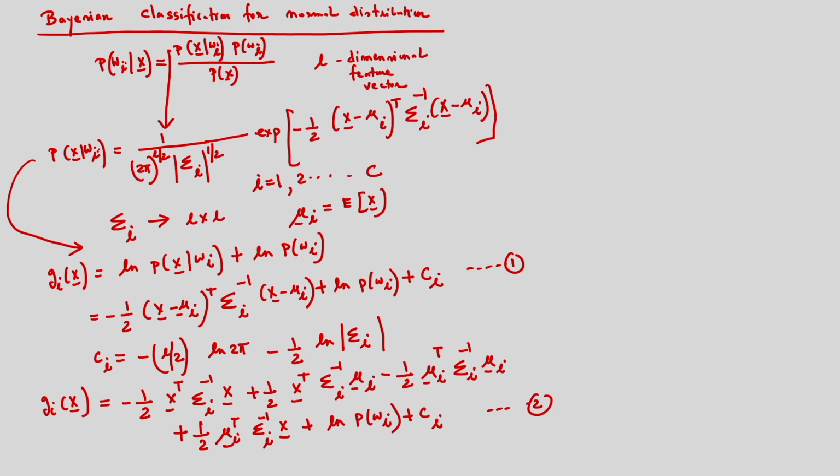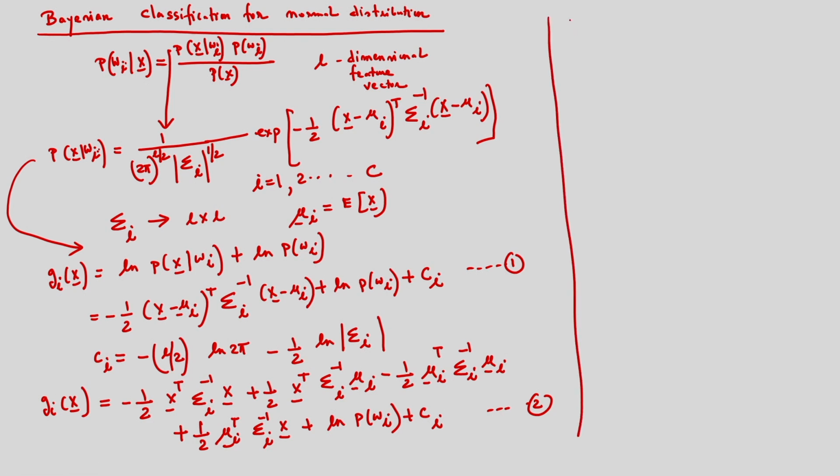So I am getting the expression for the discriminant function, where the probability of x given wi follows the multivariate normal distribution. Based on this I am calculating the discriminant function g_i(x). What will be my decision boundary?